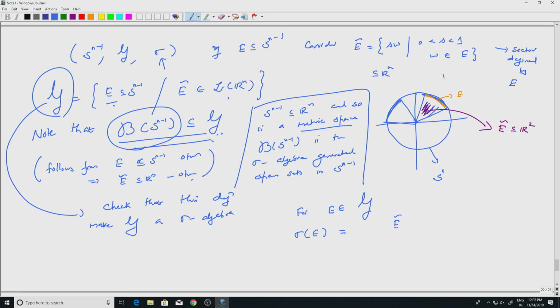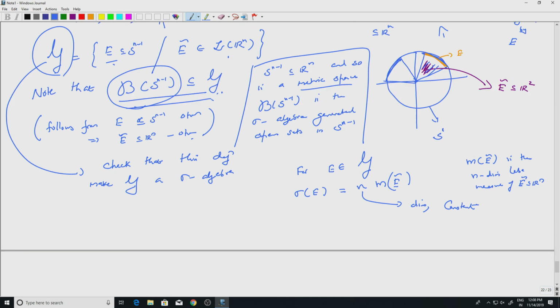E tilde is this sector, and E in G implies E tilde is a Lebesgue set, so the measure of that makes sense. So m of E tilde is the n-dimensional Lebesgue measure of E tilde, which is a subset of R^n, and you multiply this with n. n is the dimension, so that is a constant.